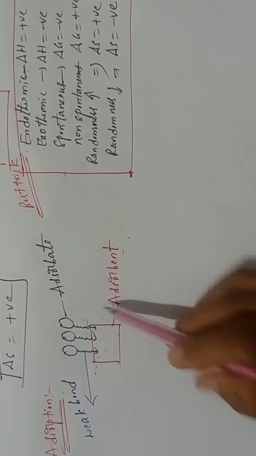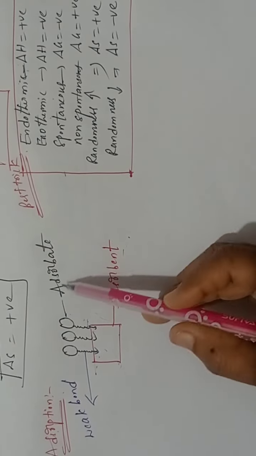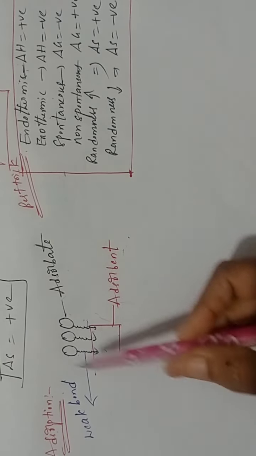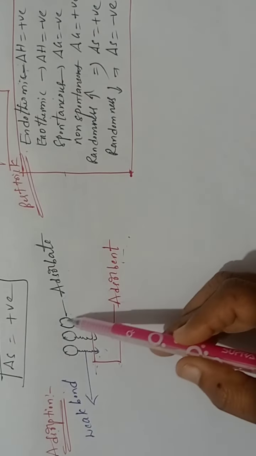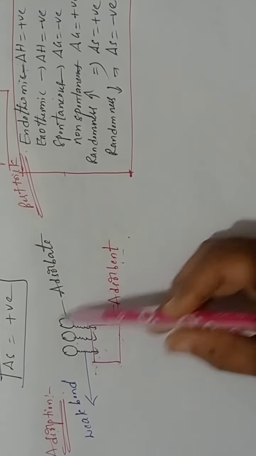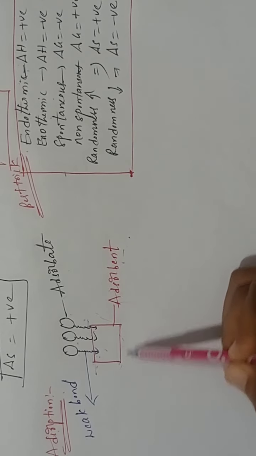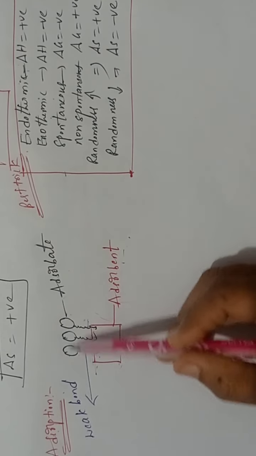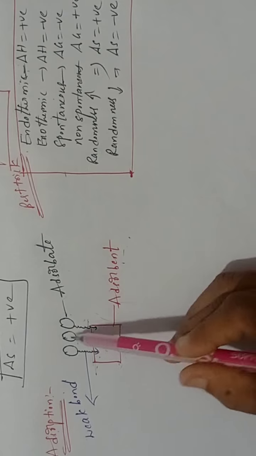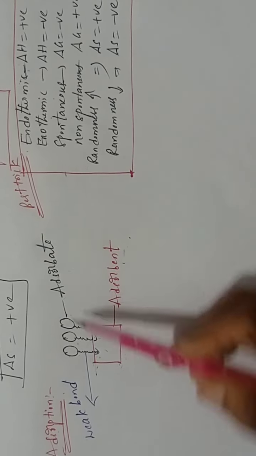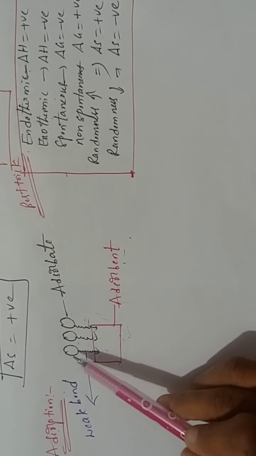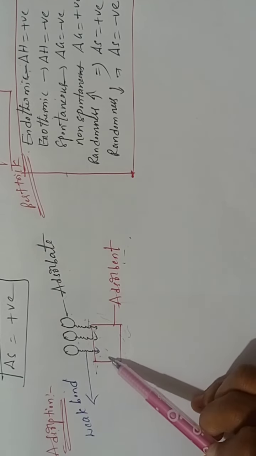Adsorption is nothing but what, students? Adsorbate is adsorbed on the surface of the adsorbent. That means these molecules have to settle on the surface of the solid, forming a bond with the adsorbent. A weak bond is formed between the adsorbate and adsorbent.